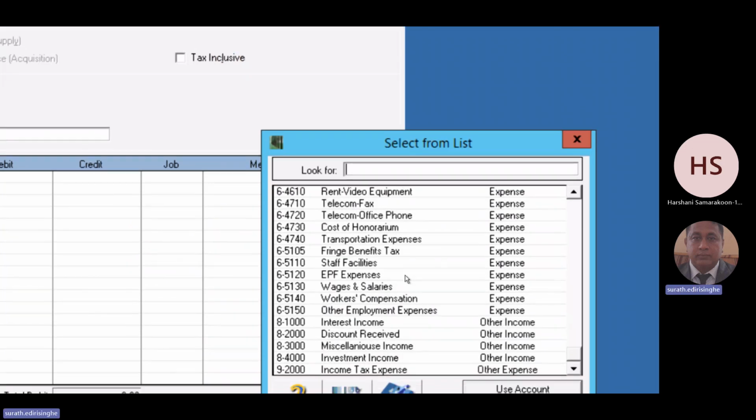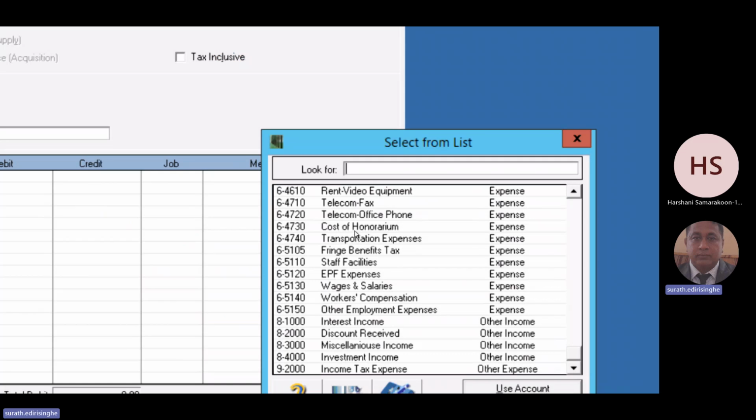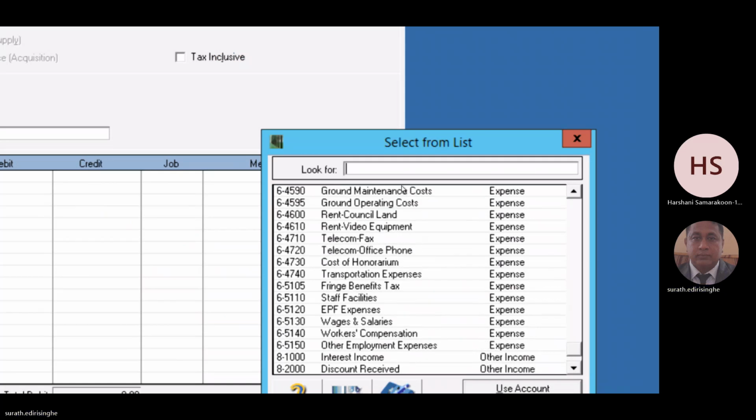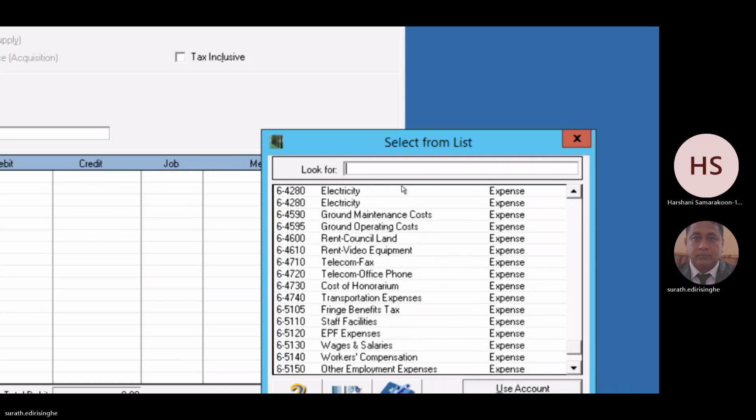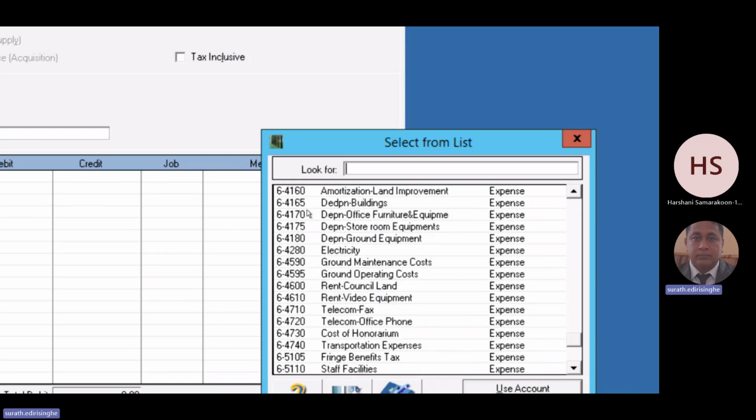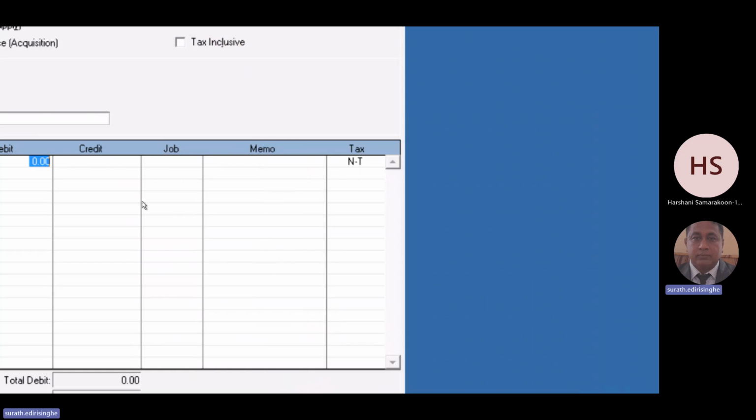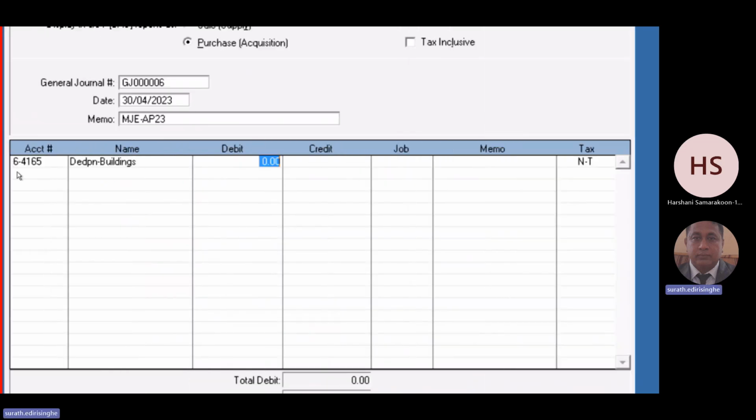Where is my depreciation account? Is it there? Here. First, I debit my building expense, depreciation. Please tell the amount. Tell the amount. 8,000.